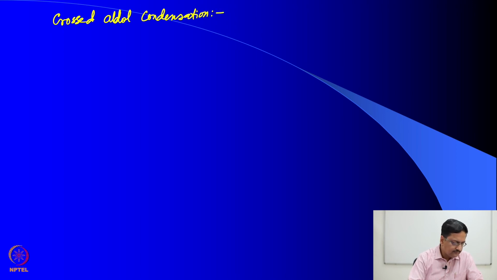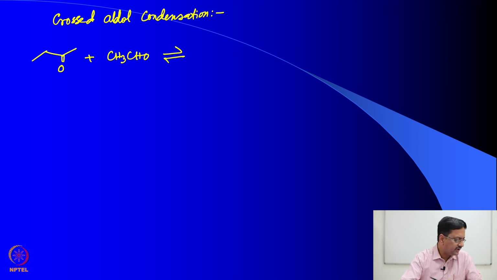For example, you can treat this aldehyde with the acetaldehyde. You can expect two different products. One can be this one, and the other one can be this one.